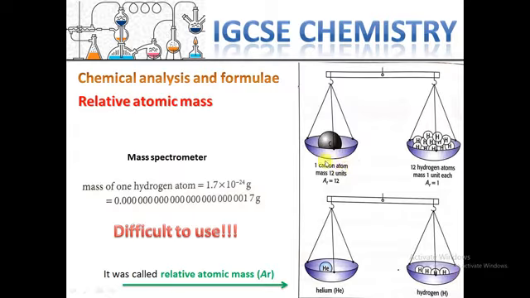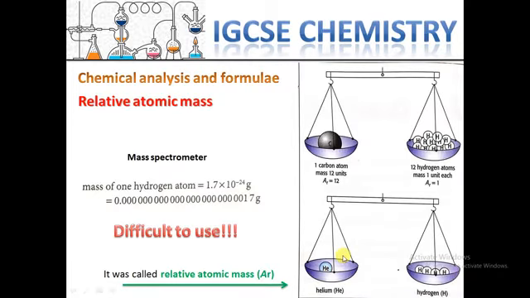That means one carbon atom's weight or mass is equal to 12 hydrogen atoms. And also, they found if they add four hydrogen atoms, it's equal to one helium atom.